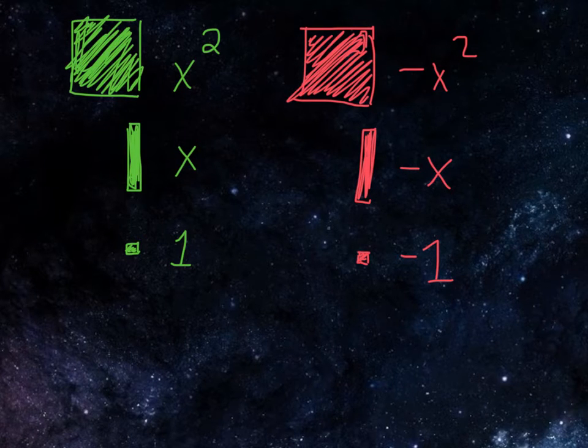So for example, if x was 3, meaning that this line was, say, 3 centimeters long, then x squared would be 3 times 3, which is 9, which would be the area of this square. So that's why we use this large square for x squared. X would represent just the length of that side of the square.